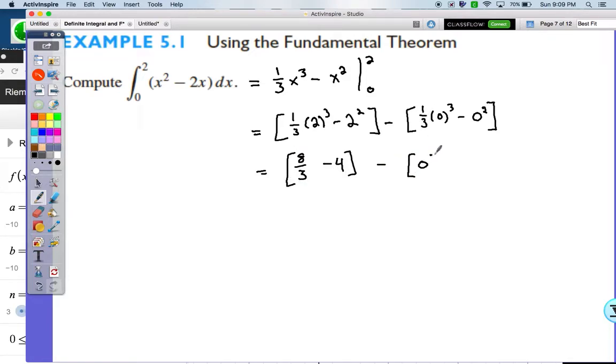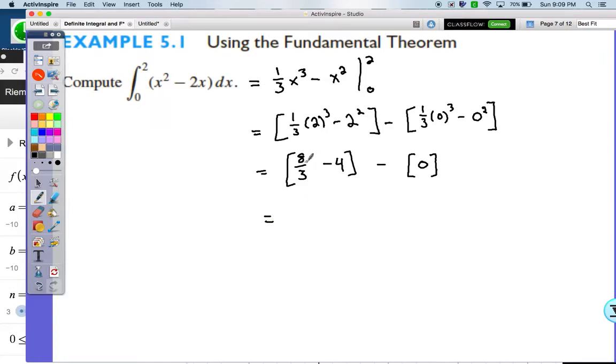And that'll happen on a lot of problems. If you have any kind of polynomial, if 0 is one of your limits of integration, it's going to go to 0. You do have to be careful when you're doing trig functions or natural log or exponential. But double check to make sure.